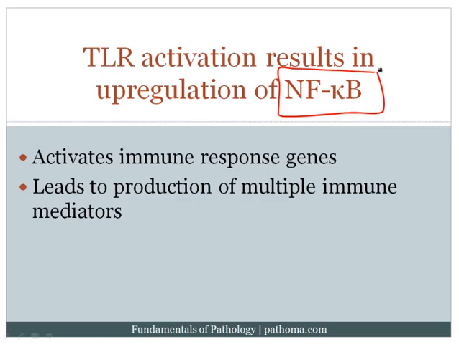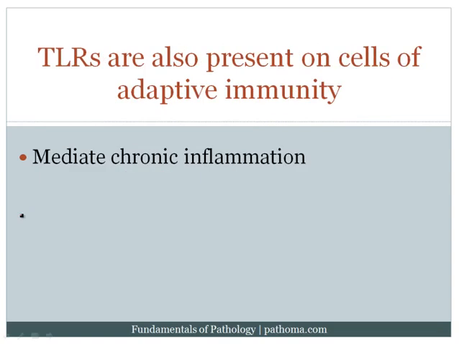So the toll-like receptor gets activated, which then results in upregulation of NF-kappa B, and NF-kappa B is a molecular switch which turns on the acute inflammatory response. Once NF-kappa B is generated, that activates multiple immune response genes, which then leads to the production of multiple immune mediators. So this becomes very high yield. Toll-like receptors are also present on cells of adaptive immunity, meaning they're also present on the lymphocytes, and therefore they play an important role in mediating chronic inflammation.